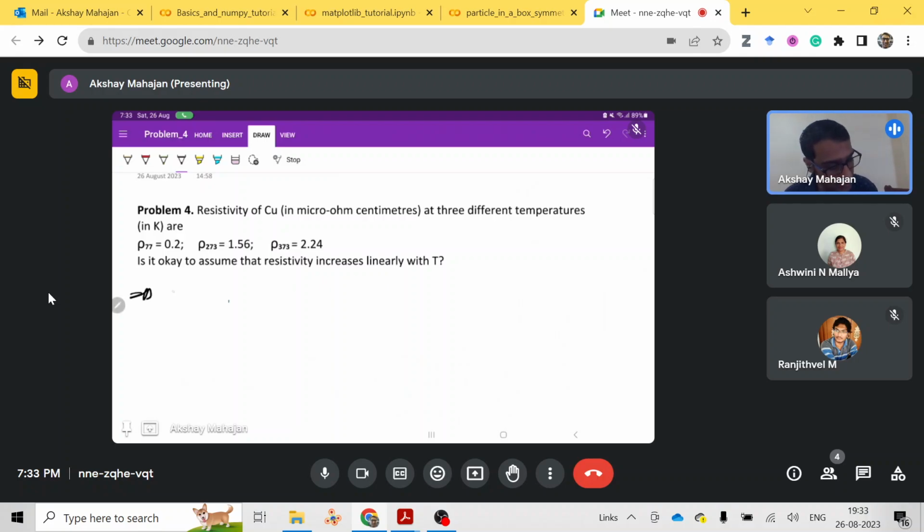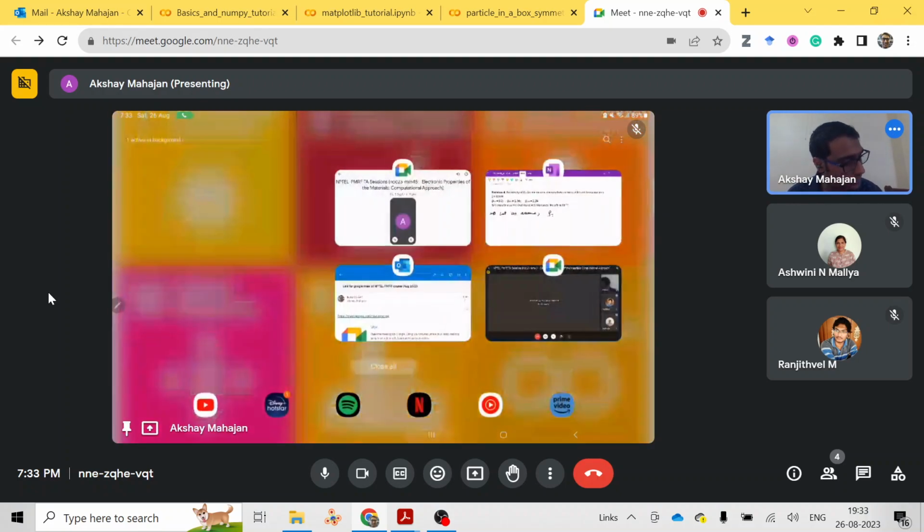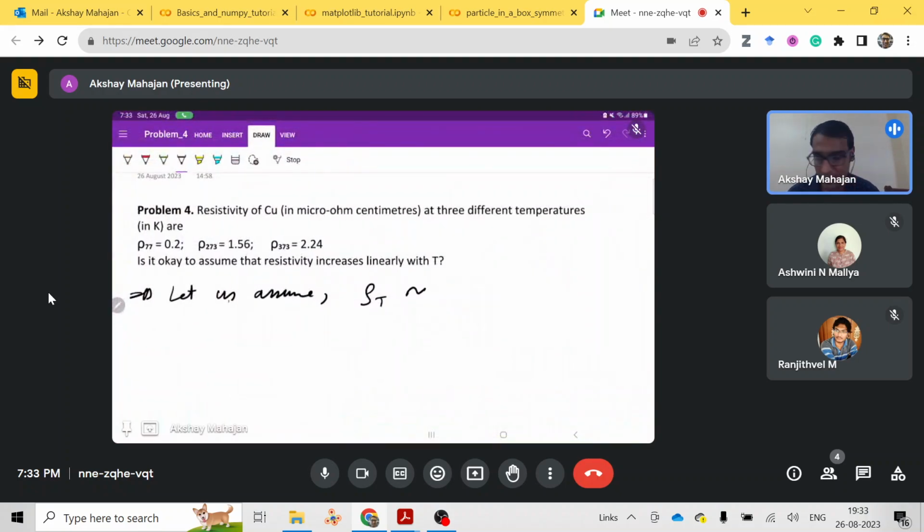Let us assume that resistivity is a function of temperature for a system, and that it is approximately equal to some alpha times T. We just want to check if it is changing linearly or not, given these 3 data points.